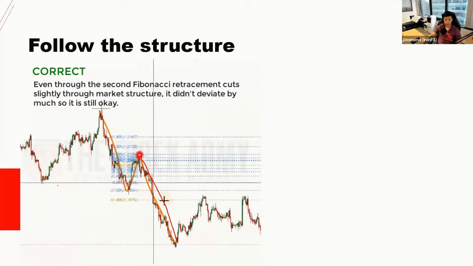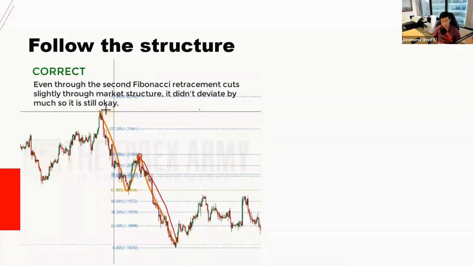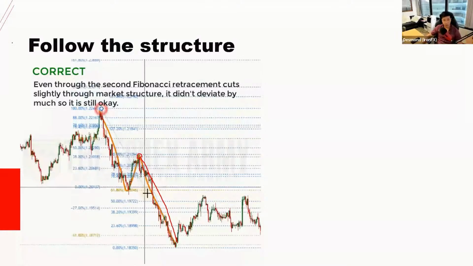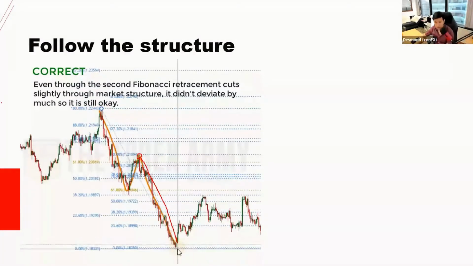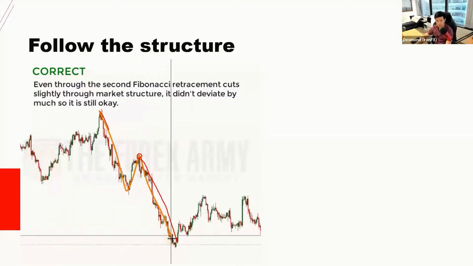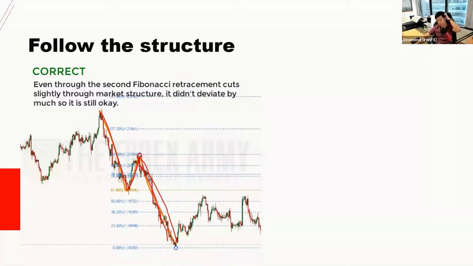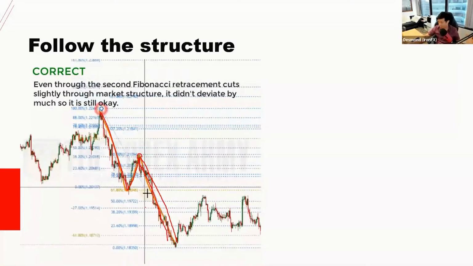That's the first two things you need to think about when you're drawing Fibonacci retracements. Your retracement should ideally follow the price structure as closely as possible, because only then can you get an accurate Fibonacci retracement.